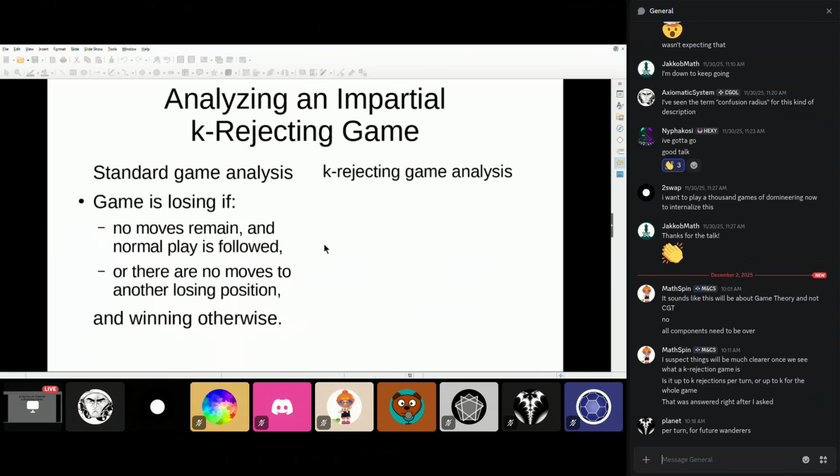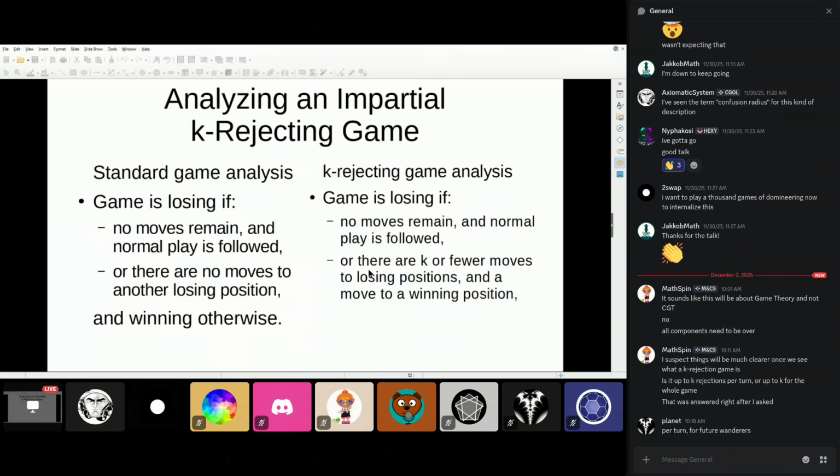Under K rejection, things are not the same, but they are a lot similar. The game is losing if no moves remain under normal play, or there are K or fewer moves to other losing positions and a move to a winning position. The reason I have this second part here is that if you don't have a move to a winning position, I can't reject all of your moves.